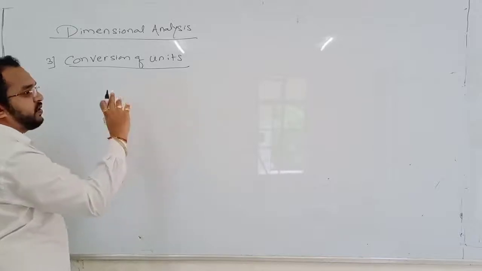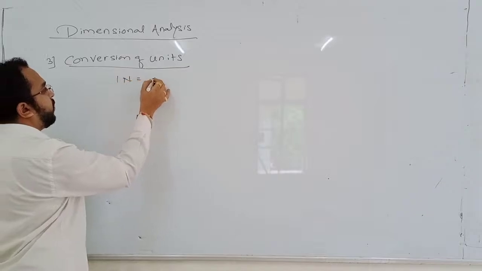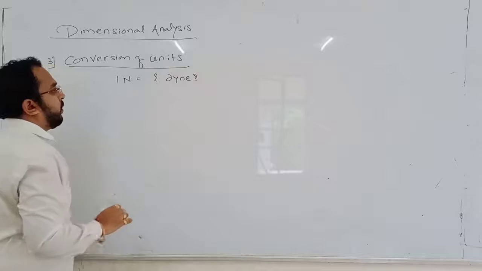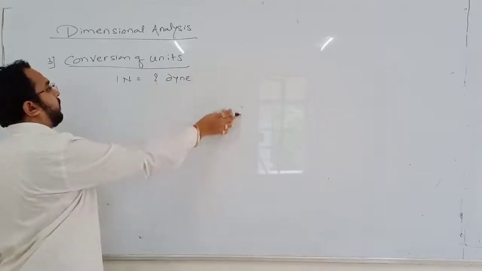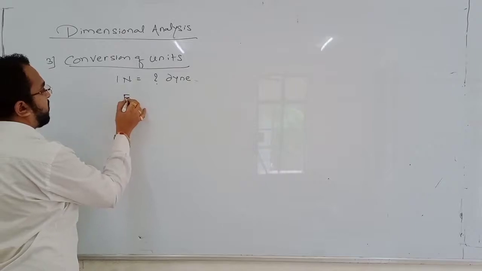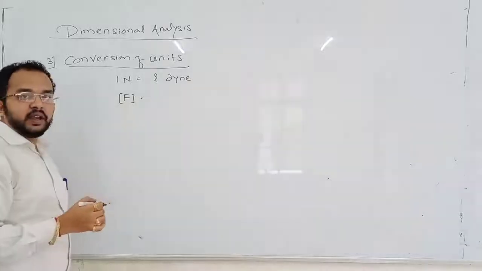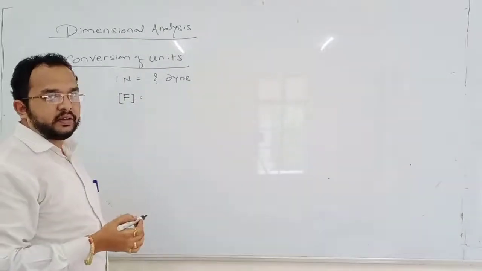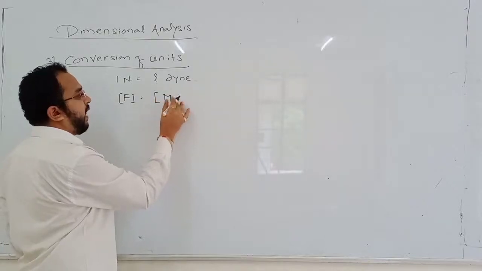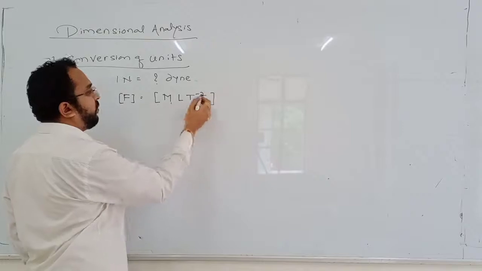First, write the dimensions. For example, we have to find 1 Newton is equal to how many dynes. So, first write what are the dimensions of force. What is force? Force is mass into acceleration. That means dimension: mass is M and acceleration is LT minus 2, meter per second square.